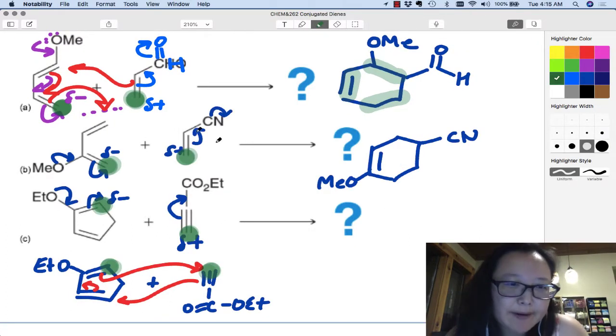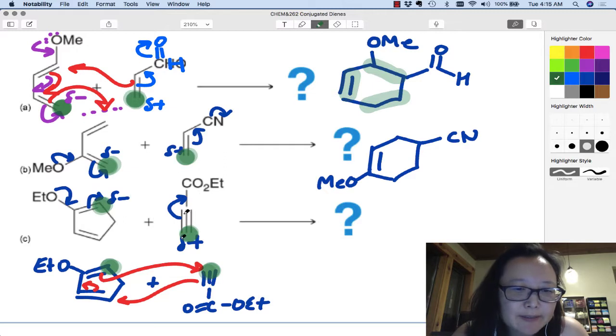Alright guys, so for part B, I did my little analysis here. It turns out this is conjugated, but this is not. So when these get donated in, I get negative charge here, and then these can move up, and so this is positive. So I want to link these two together, so I just kept it as is. But for part C, notice the positive is down here and the negative's up here.